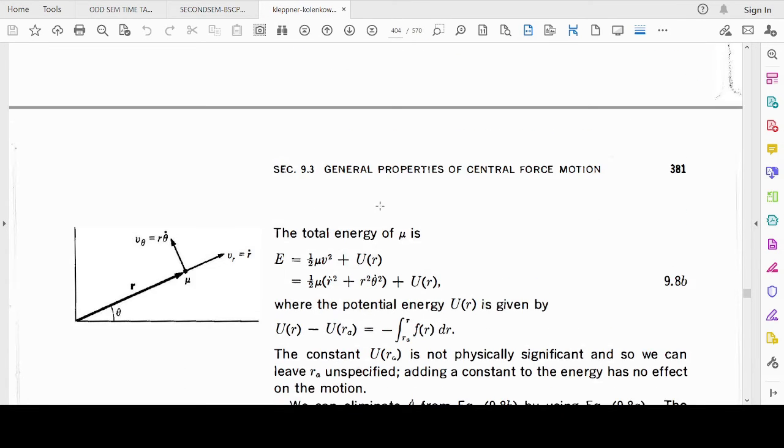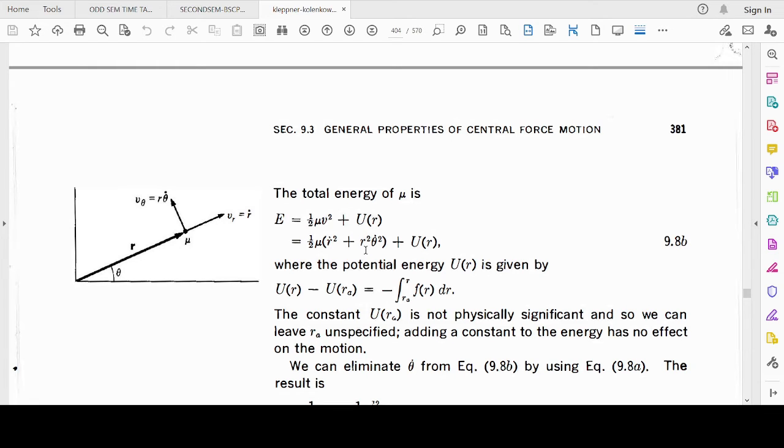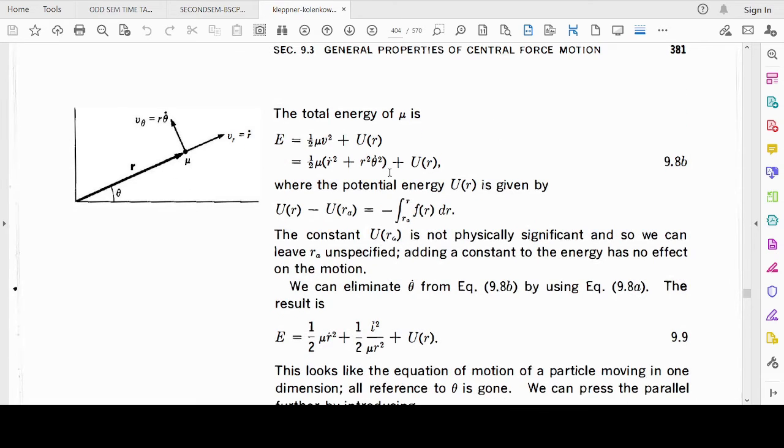So omega is theta dot, therefore that will become r dot square plus r square theta dot square. Now I am writing theta dot is nothing but L by mu r square, because what is angular momentum? Angular momentum is equal to m vr, or in this case mu vr, but v is r omega or r theta dot, that will become mu into r into again r omega, that is r square omega, that is mu into r square theta dot. So theta dot will be L by mu r square.